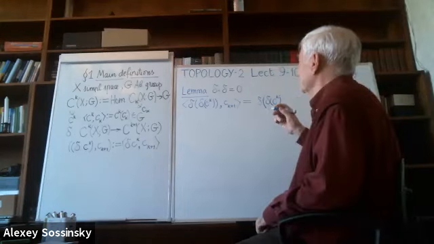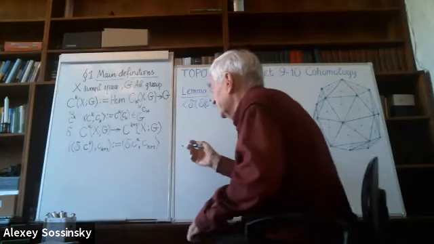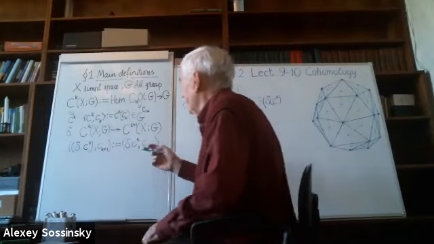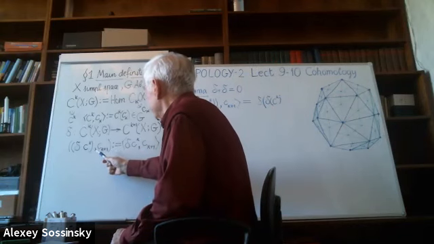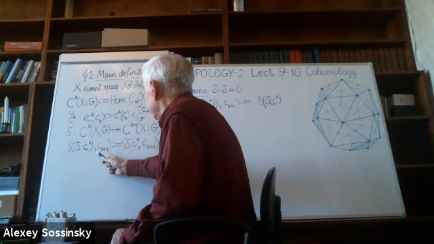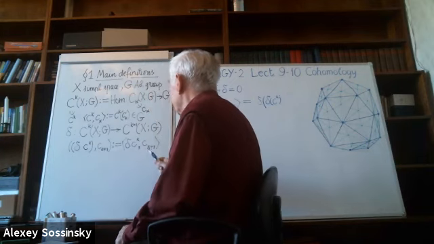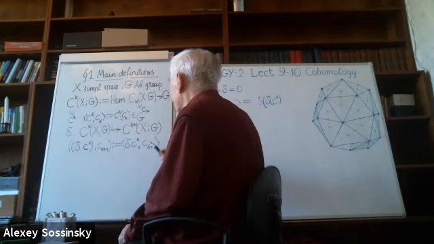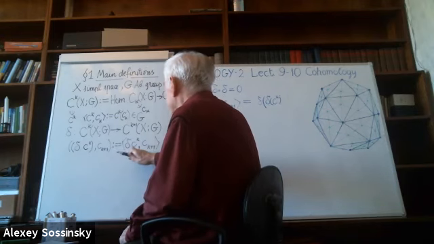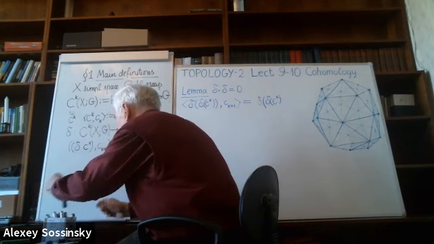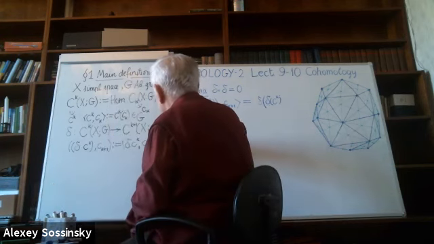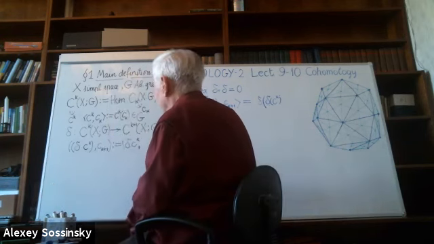Oh, I'm sorry. Let me go back one step. I've rewritten the same thing twice. The definition is this. We apply d of c^k to the boundary.